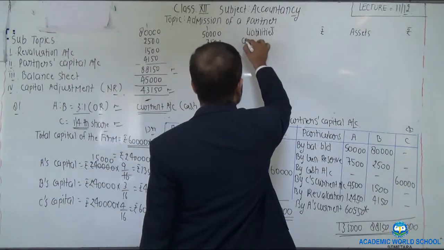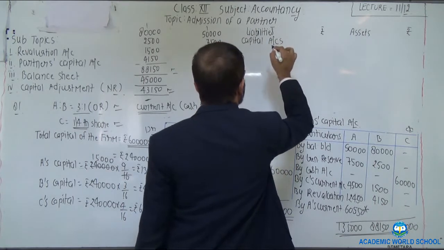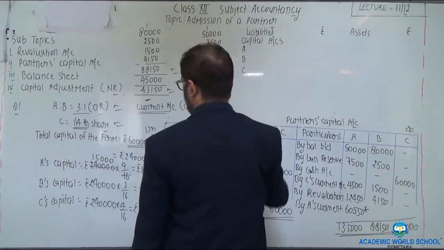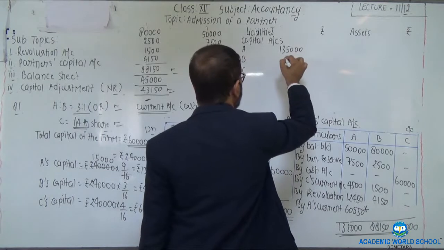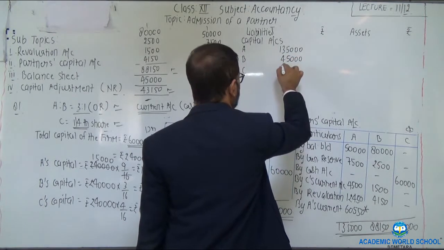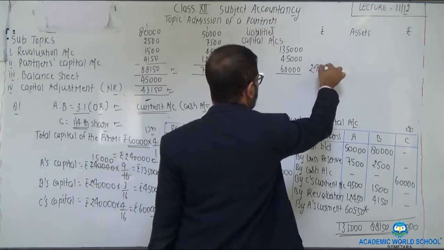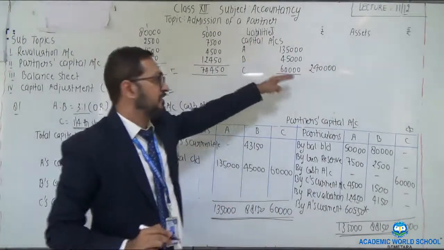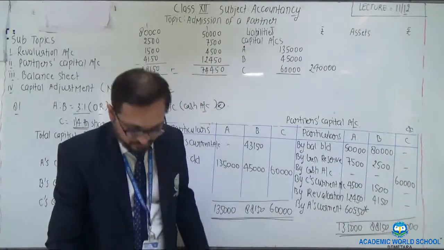On the liability side, first item that is given in the previous year's balance sheet is capital balances. Now we are having three partners, A, B and C. Their respective closing capital balances are 1,35,000, 45,000, 60,000. Total capital of the firm, after adding up all the three capitals, would turn out as 2,40,000 rupees.